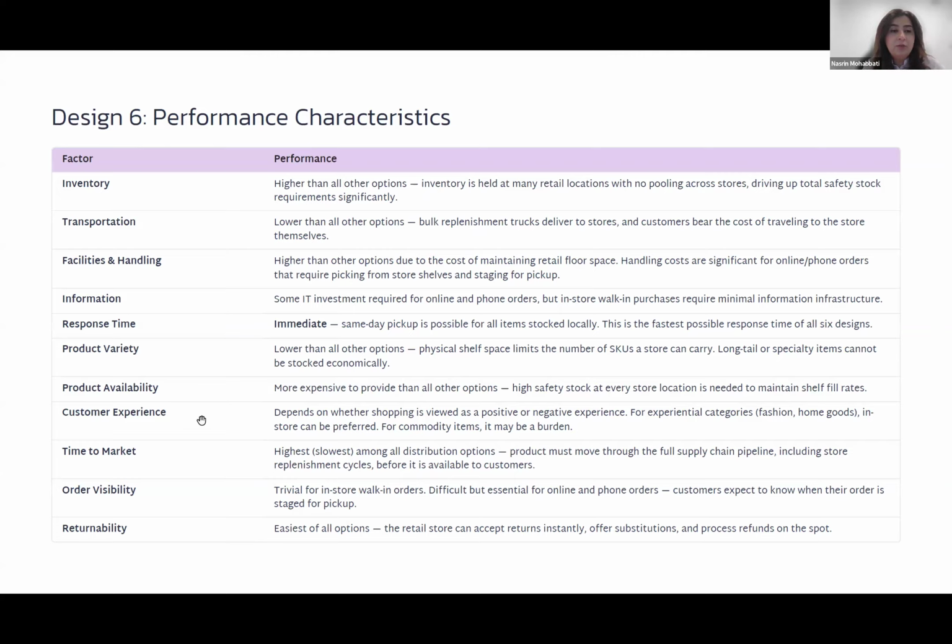Time to market will be high because manufacturers are not in direct contact with the market. Order visibility will be really good because you can just walk in and pick up in a store, and returning will be easy. Again, customers can just walk into the store and return a product if they don't want it.